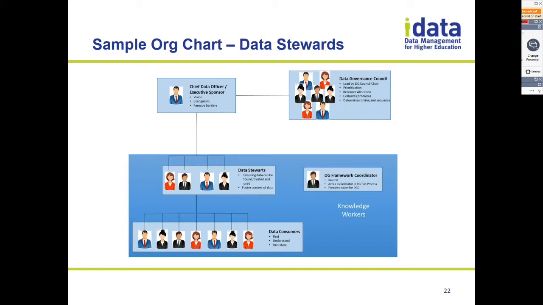And this would be primarily around definitions of data usage, particularly around items that are shared across multiple functional areas or multiple data domains.